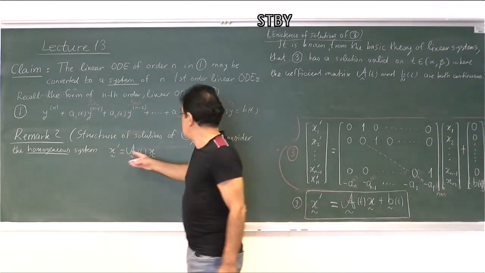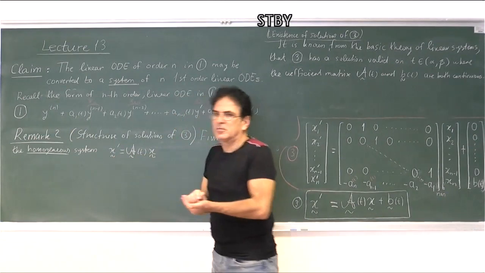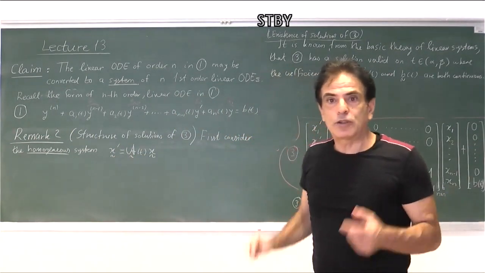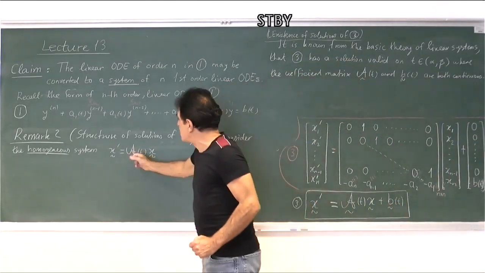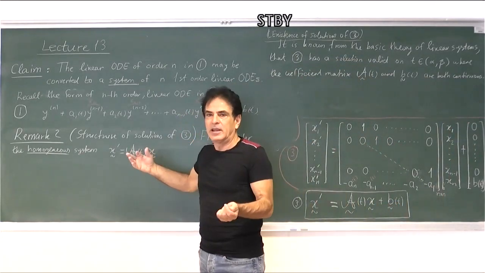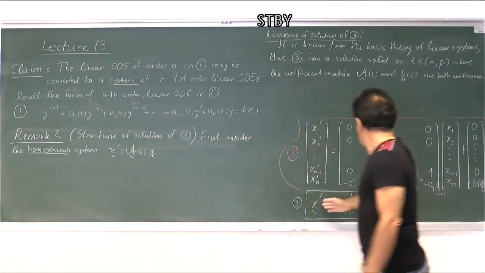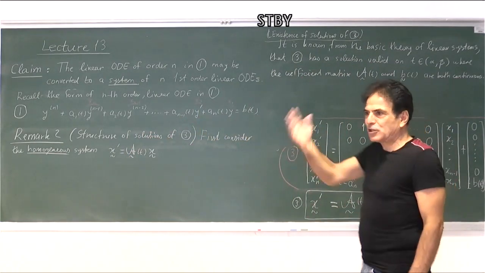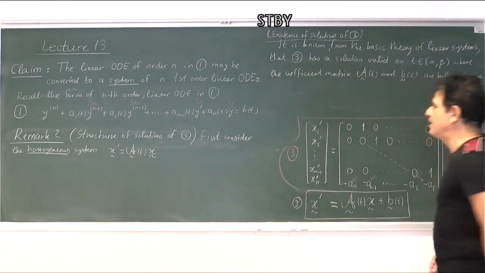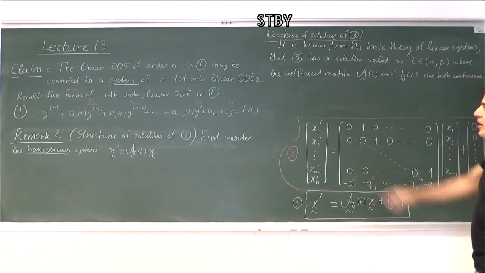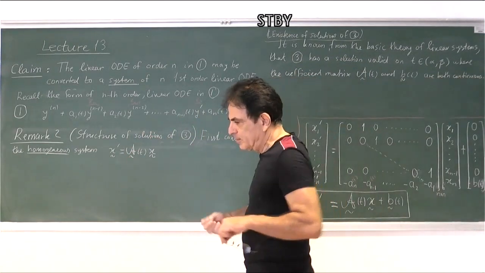In fact, considering this homogeneous system does not cause any loss of generality, because if we solve the homogeneous system successfully, it is not difficult to obtain the general solution of a non-homogeneous system, thanks to the method of variation of parameters, which we introduce later again for the single ODE. First, consider the homogeneous system.